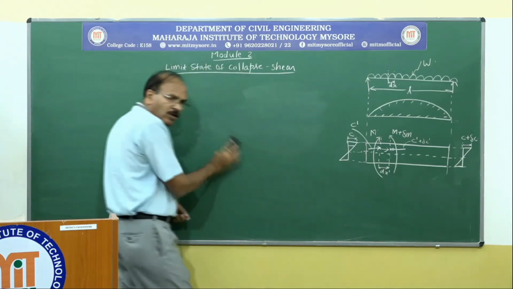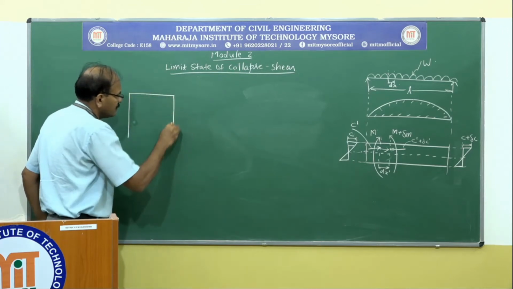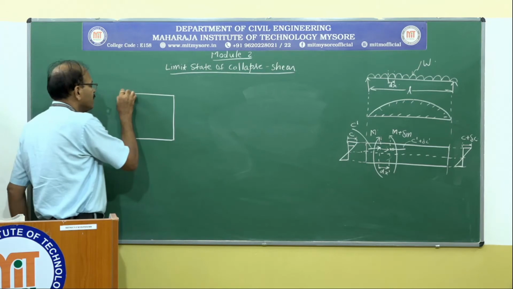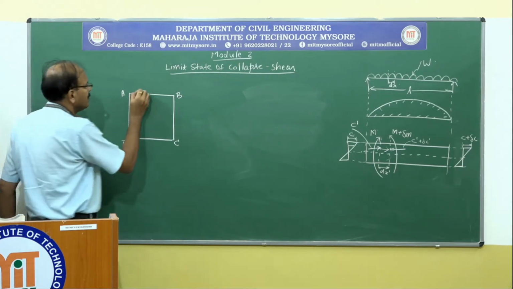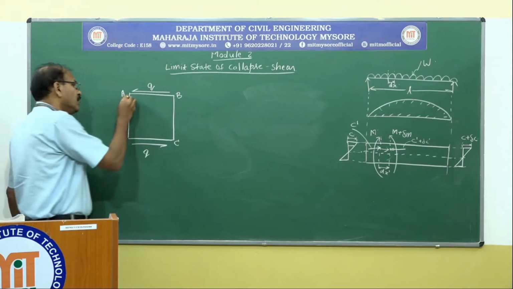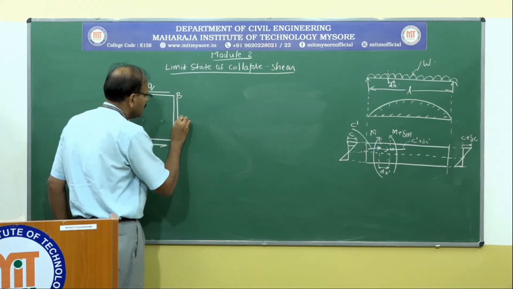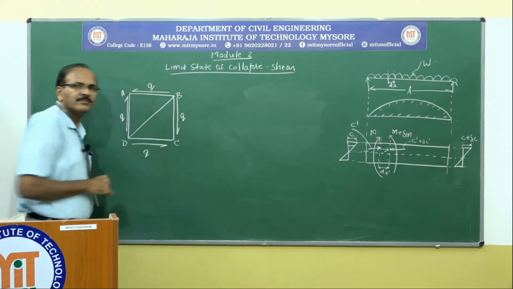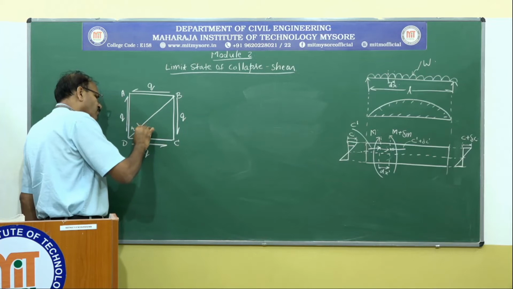So if I take concrete, if I explain this with respect to the concrete, if I take an element, say ABCD, for concrete, okay, or any element for that matter, stress Q, then to counter that, stress Q, and this is Q. If I take this diagonal, what happens is, this diagonal is going to be subjected to a tensile force.